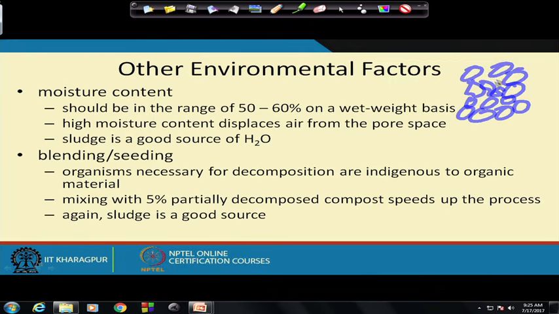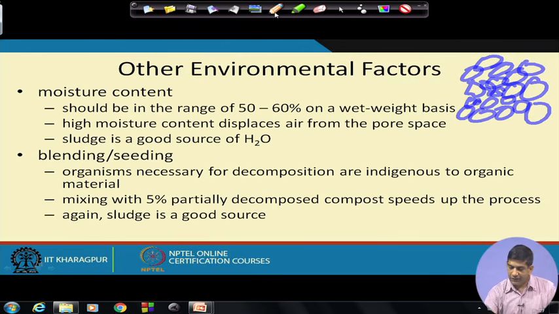I'm not a great artist, but let's use a different color. These are the void spaces. Now if we fill these void spaces with moisture, we will not be able to pass air through them. It will already be saturated. So that's why we don't want high moisture content, which displaces air from the pore spaces.